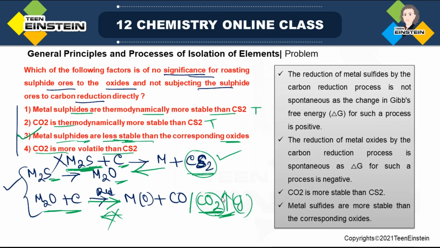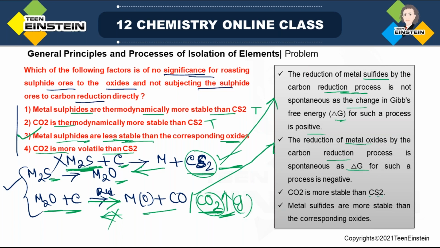Now all the points we have in this table. The first point, reduction of metal sulfide by the carbon reduction process, is not spontaneous, because the free energy, delta G, for such a process is positive. Second statement, reduction of metal oxide by carbon is spontaneous, because delta G is negative.